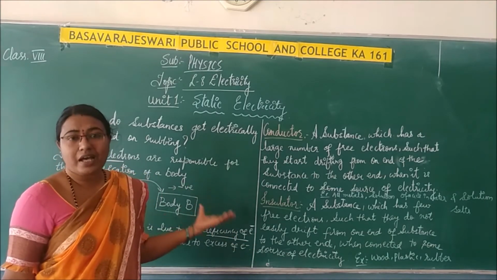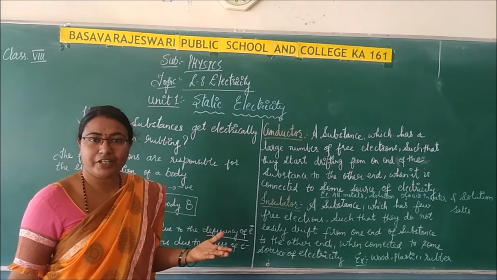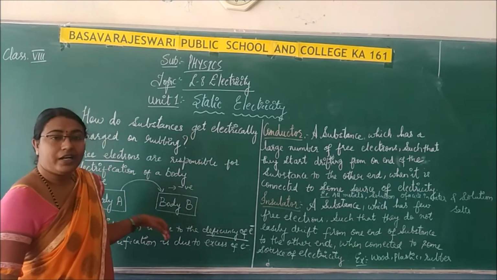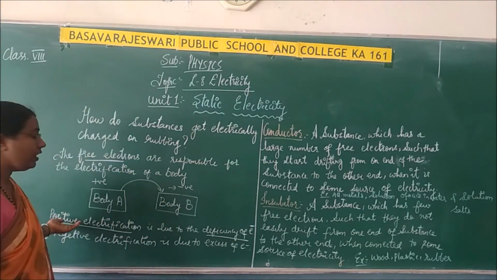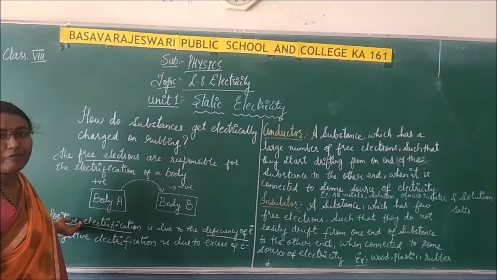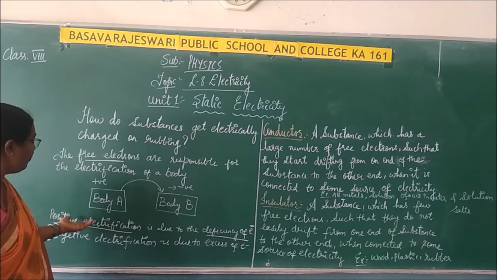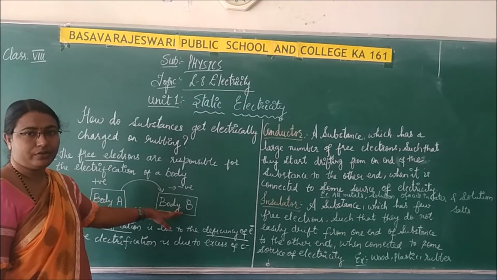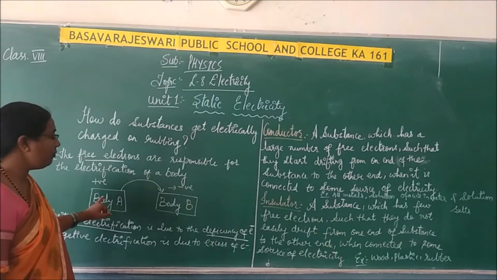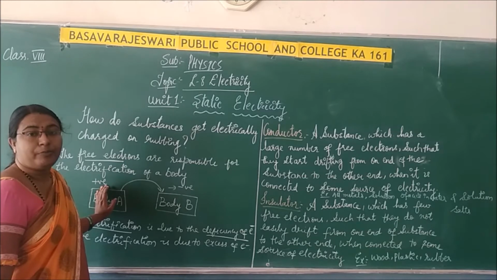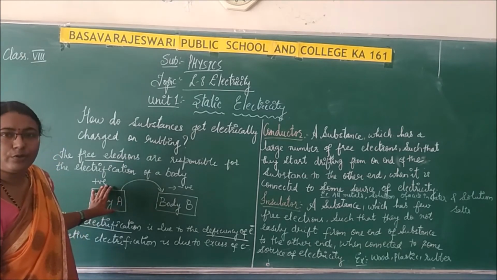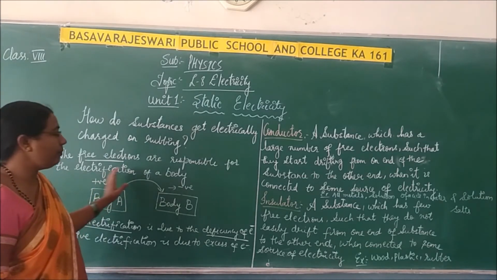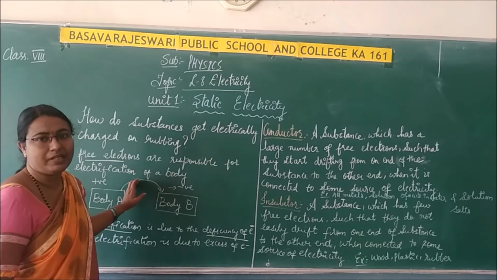Why am I telling you it is due to the deficiency of electrons? Here I told you always, the number of protons is equal to the number of electrons, right? So when body A is giving the electrons, what happens? The number of positive charges, that is protons, becomes more and the number of electrons becomes less.